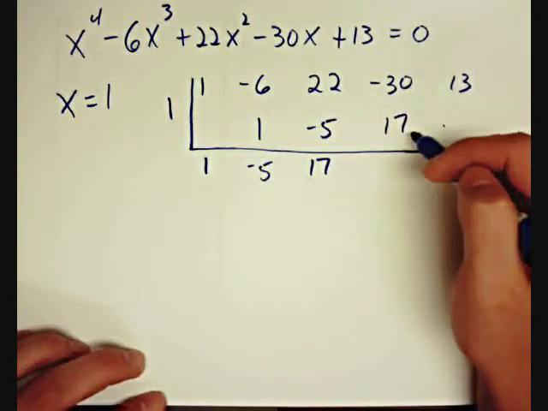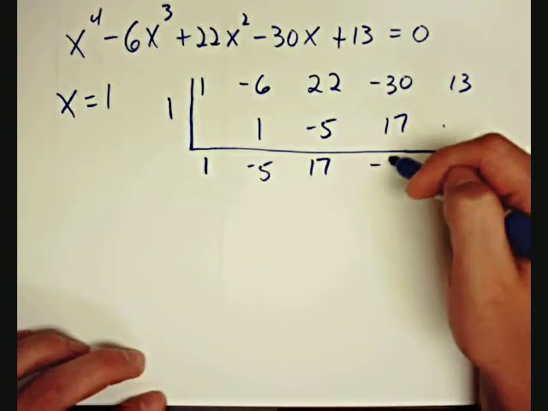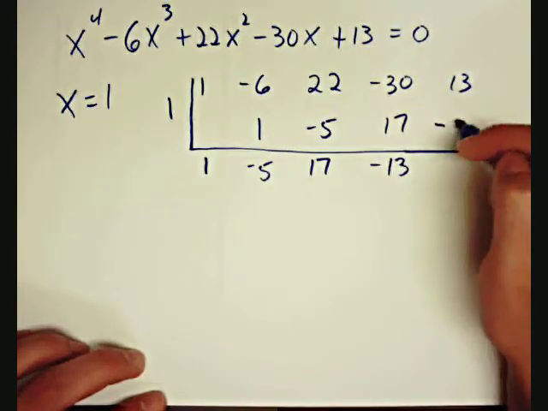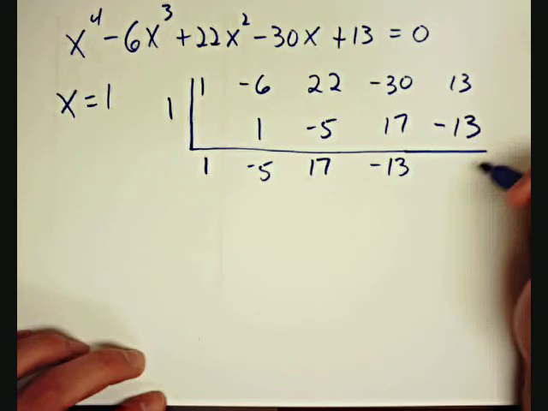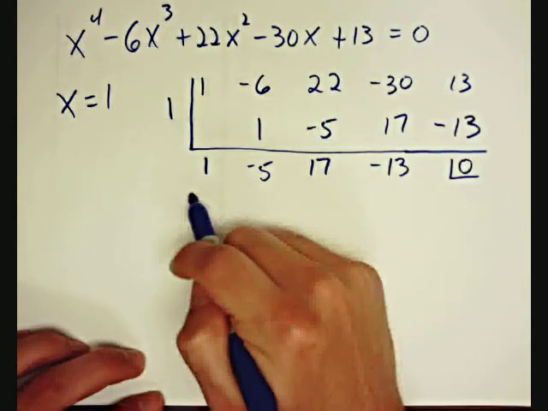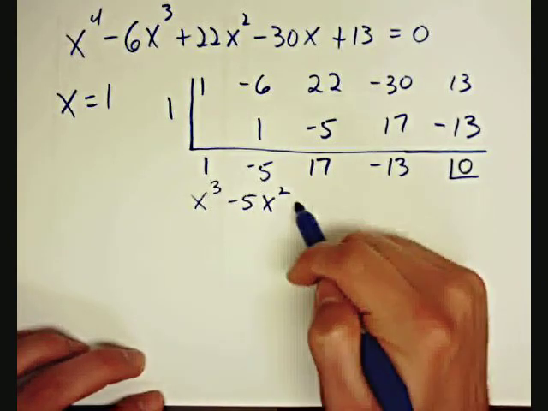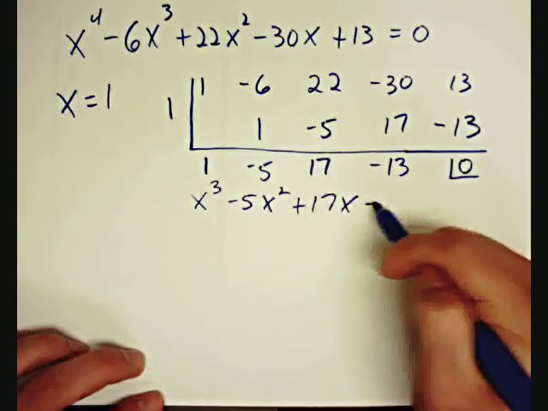Negative 30 plus 17 is negative 13. 1 times negative 13, negative 13. Add those together, and we get 0 for our remainder. So this is 1x cubed minus 5x squared plus 17x minus 13.